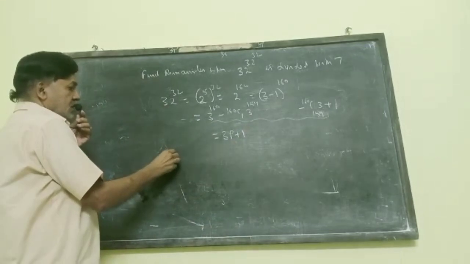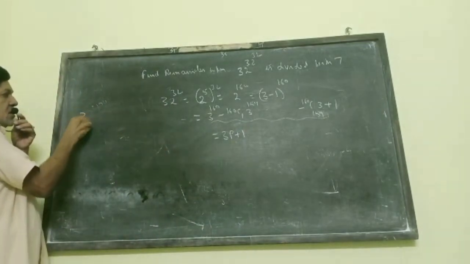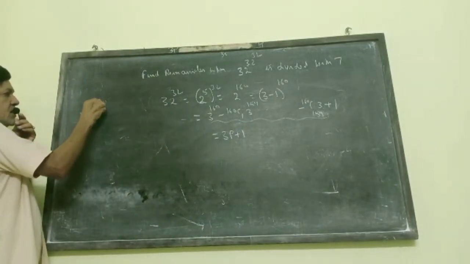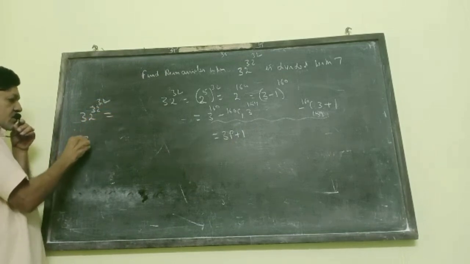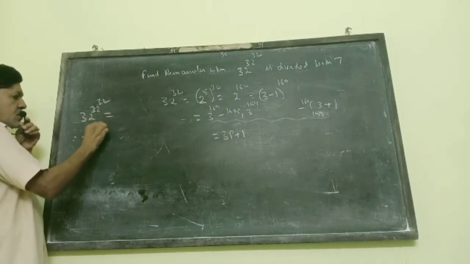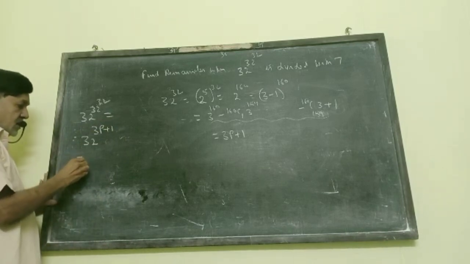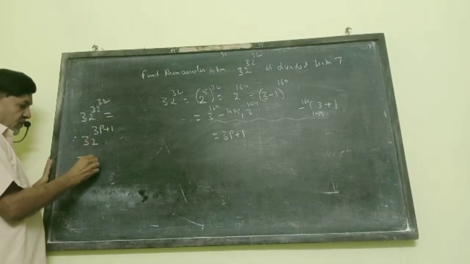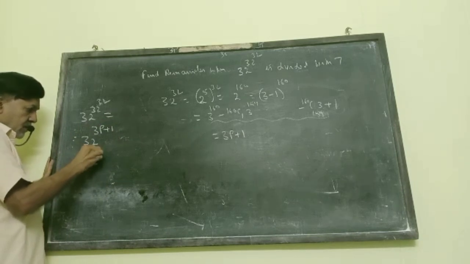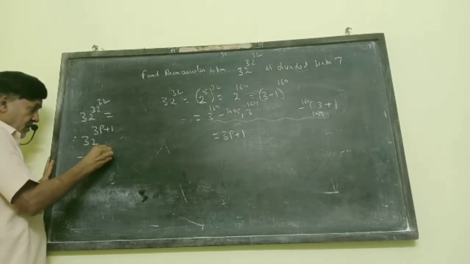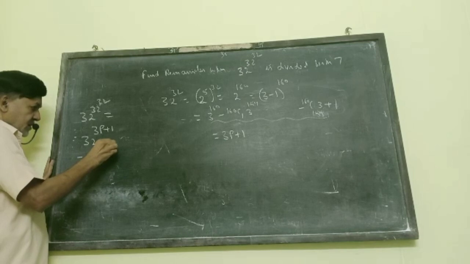So therefore, 32 to the power of 32 to the power of 32 is 32 to the power of 3p plus 1. 32 is 2 power 5, so 2 power 15p plus 5.